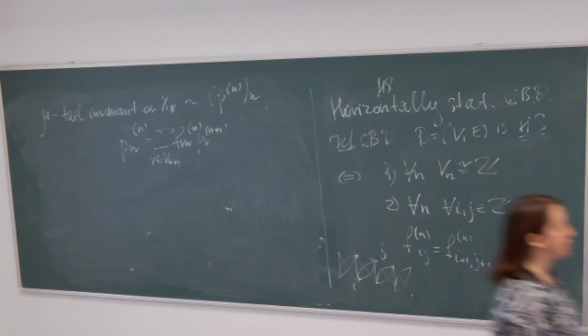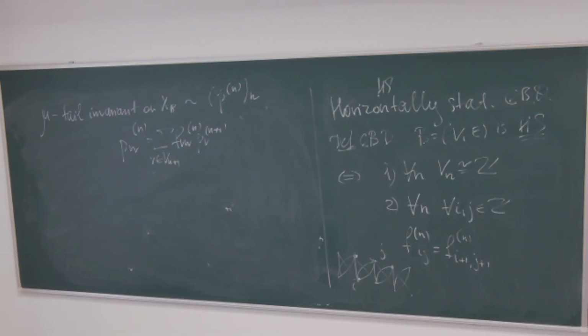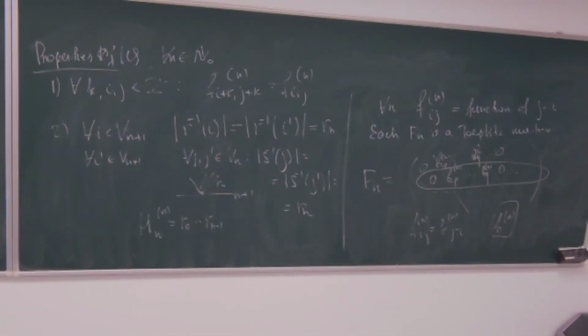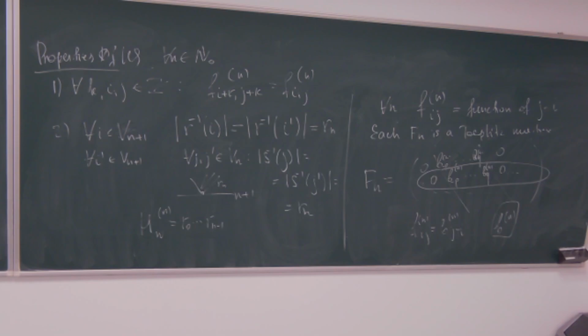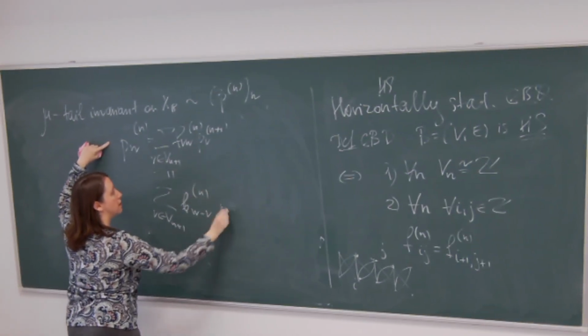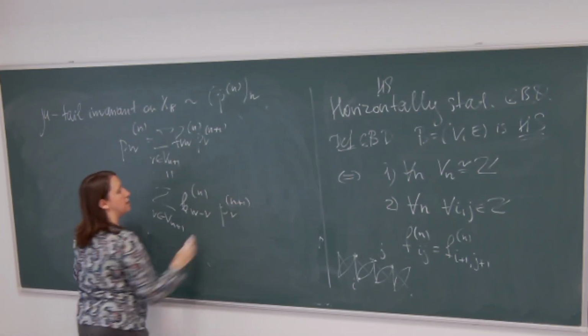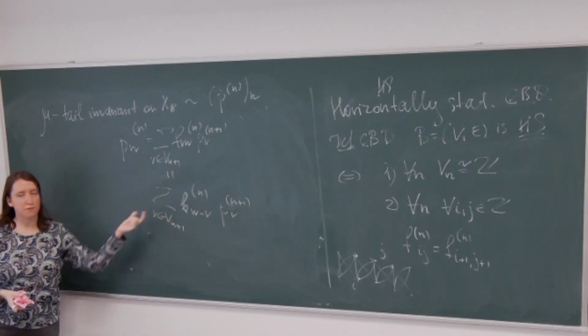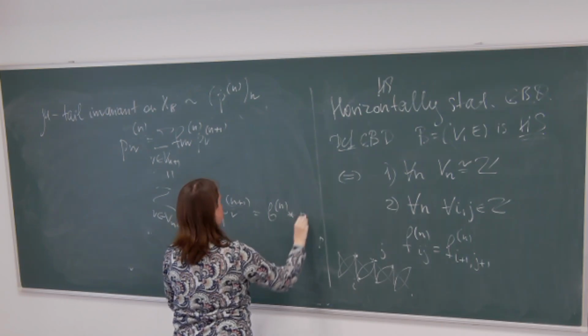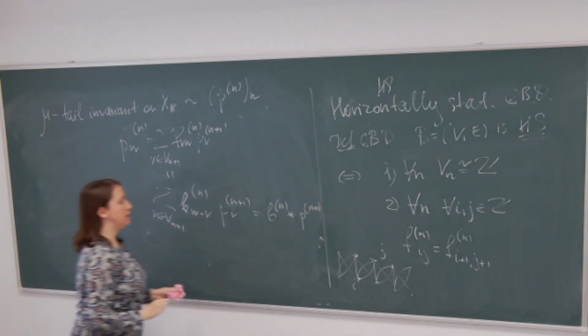So we can consider vectors p_n, and they have only finitely many non-zero entries. And let us look here. We know that this sum can be rewritten as the sum over w of b_{w-v} p_w^{n+1}. And this will be a convolution of these two vectors. So it will be p_n equal to b_n convolved with p_{n+1}.